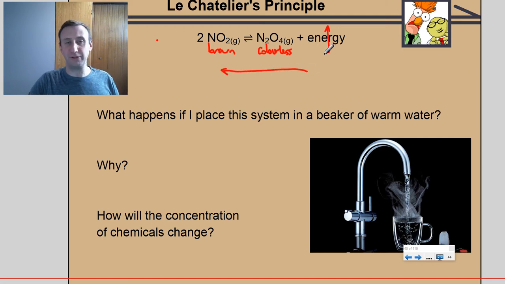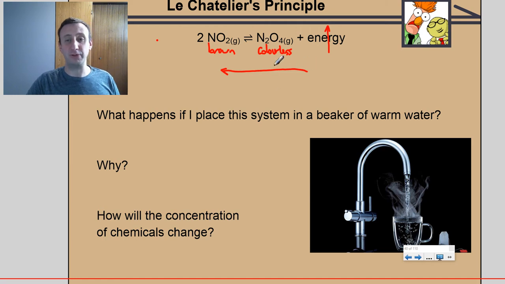By shifting to the left, it's doing the endothermic direction. It's using up the energy that's now available from the hot water and cooling everything down by producing more NO2. So the stress of increasing temperature and then the equilibrium's response of trying to bring it back down again by doing the endothermic direction of the reaction.